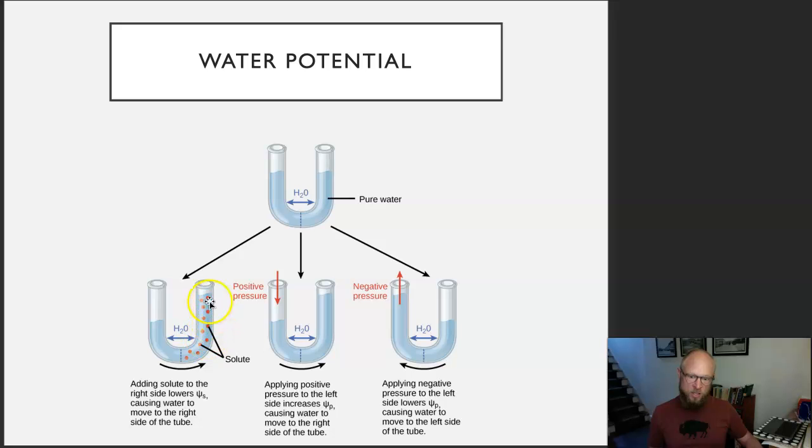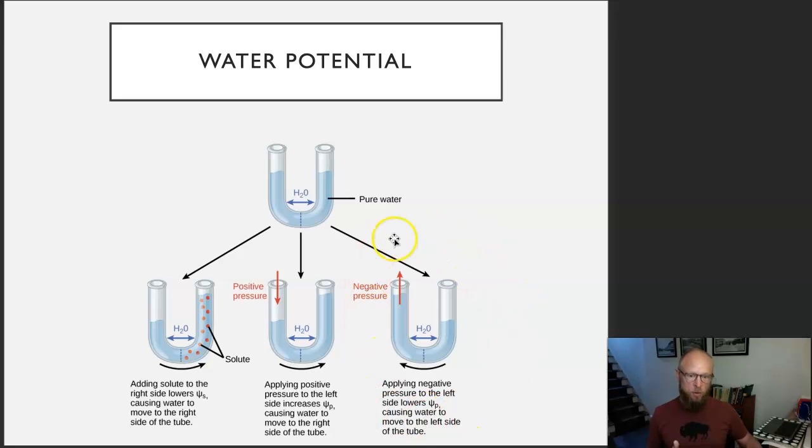And so since adding solutes on the right side reduced the energy, the water moved from a place of high energy to low energy. And so that's why we have the water being at a higher level on the right side of that tube. The other thing, we're going to skip this middle one for now because it doesn't really apply to plants, or it rarely applies to plants.